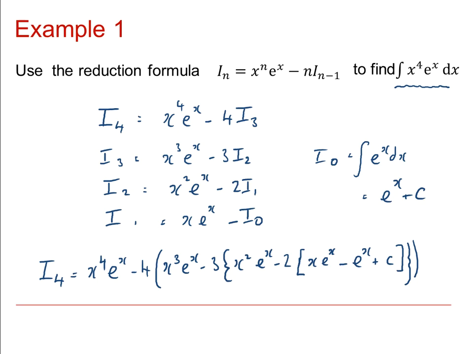So now we can evaluate what we've got in total. We can factor out e to the x, and then inside the bracket we've got x to the power 4 minus 4 lots of x cubed. The x squared term will be minus 4 multiplied by minus 3, which is plus 12.